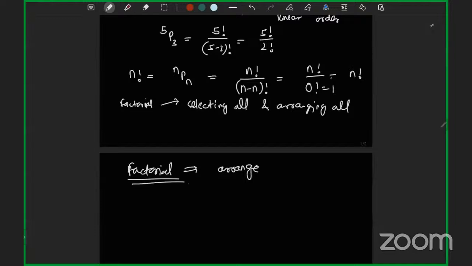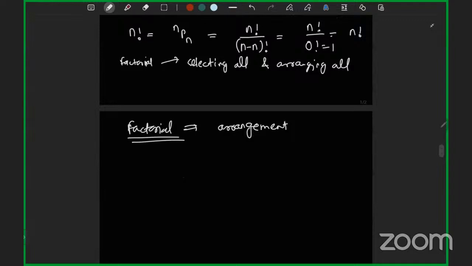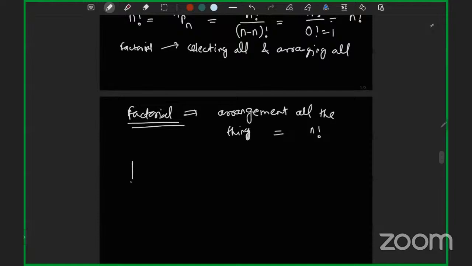So factorial is arrangement. Okay. When the question is how to arrange these things, arrange all the things, that's when you have to use factorial. So let's say n factorial: whatever number is there, say you have n objects, you will arrange them in n factorial ways. Let's say I have three books: history, physics, math.